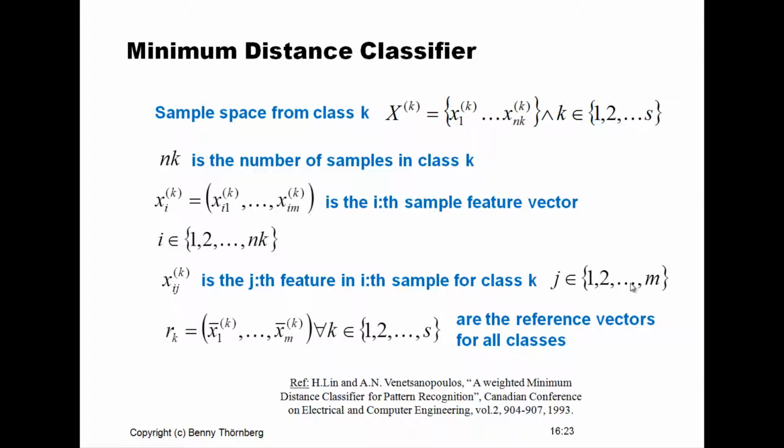R_k is then a reference vector. It's a centroid position computed for each one of the classes.